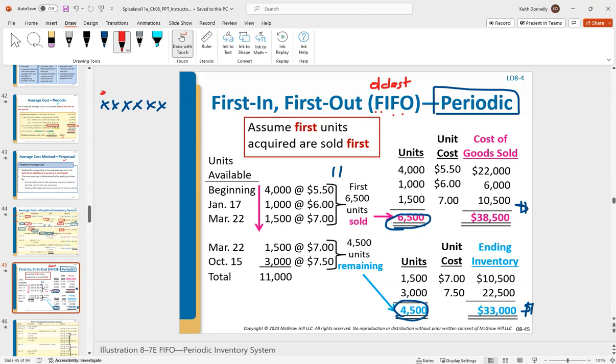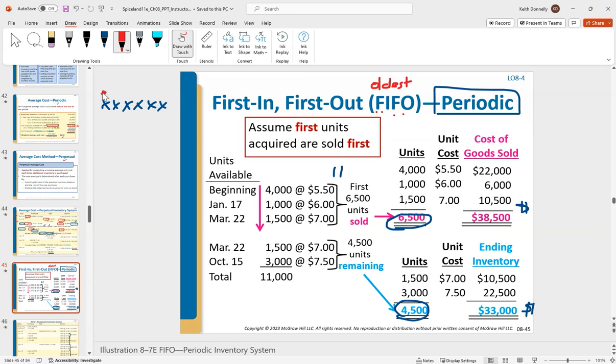That's like season 1. If you watch Game of Thrones, what's the oldest season? Well, season 1. So we go from left to right. That's going to represent our cost of goods sold. And whatever is left over will be our ending inventory. So that's the idea here with FIFO.